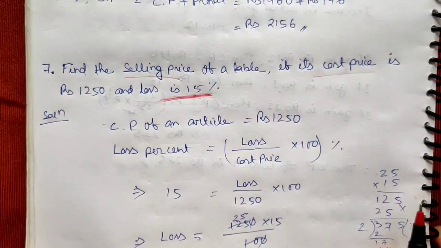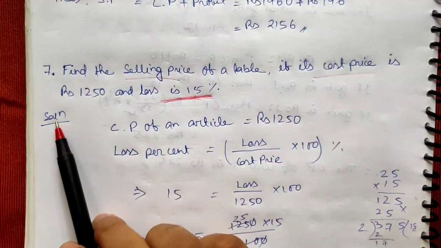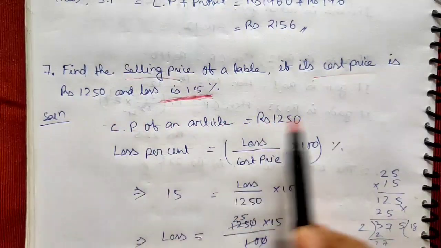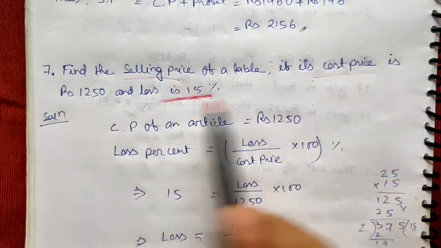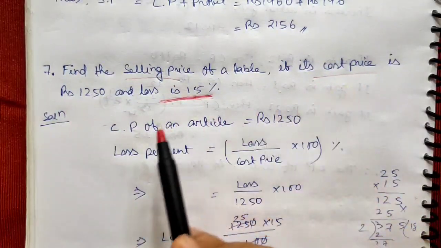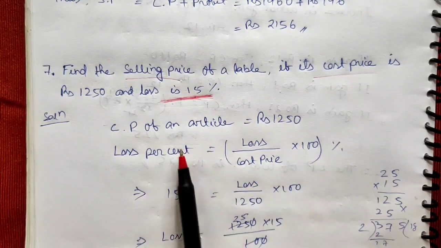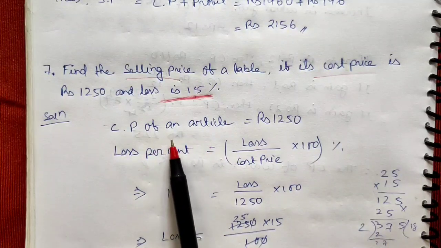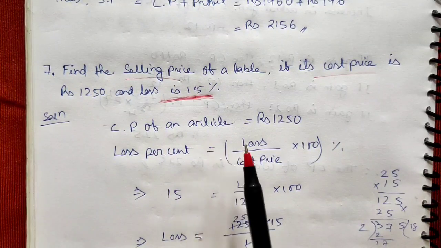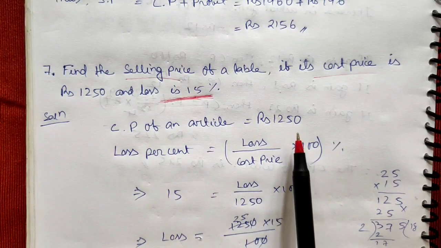Okay, so let's start. First we have to write the solution. The cost price is this, that means it is the CP of the article, or the CP of the table, whatever you can say. So the CP of the table is rupees 1250, isn't it?